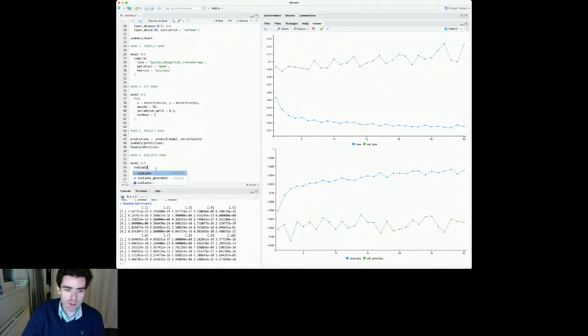So evaluate, unsurprisingly, we could just copy this. Of course, we can't use train. We're going to evaluate it based on X and Y, to get a complete understanding.